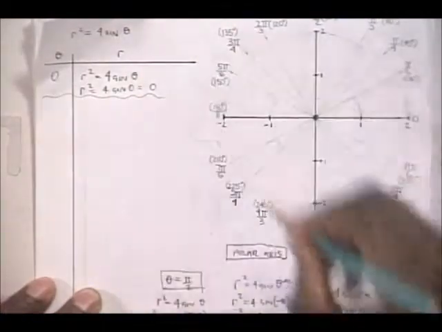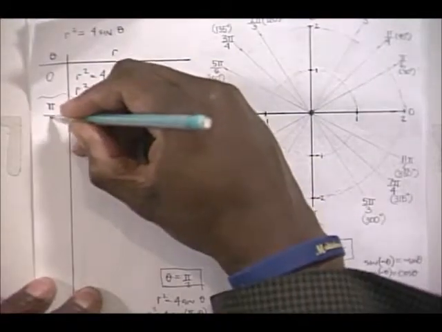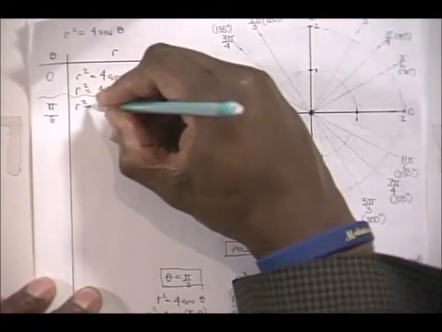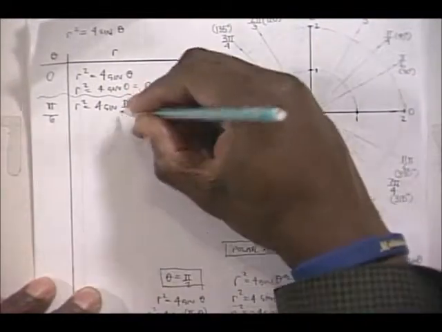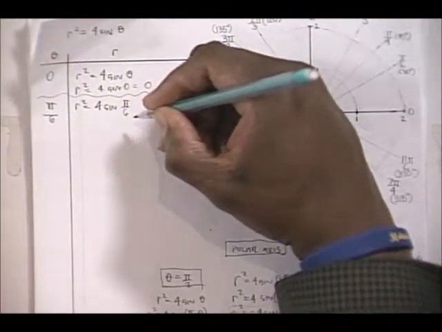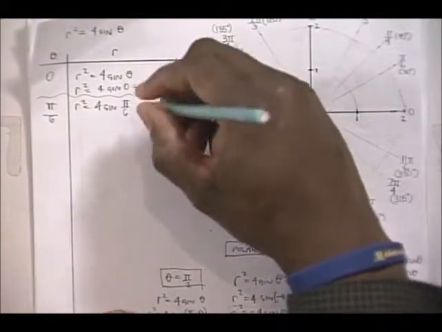Let's plot another point. Let's substitute in pi over 6. R squared is equal to 4 sine pi over 6. The sine of pi over 6, the sine of 30, that's half.